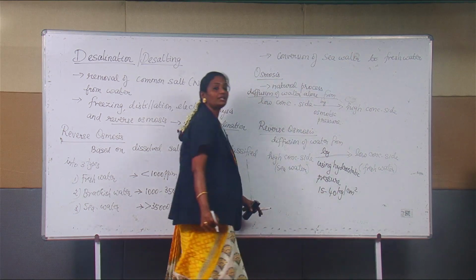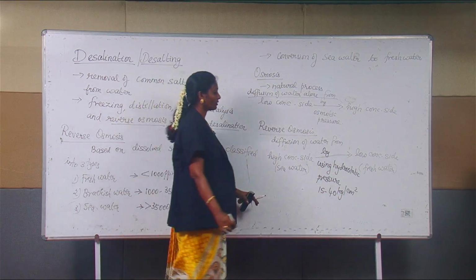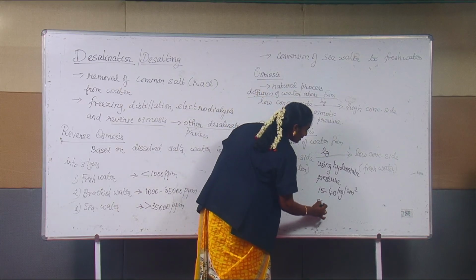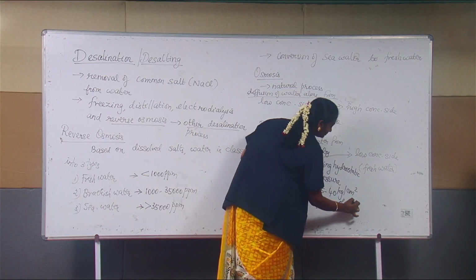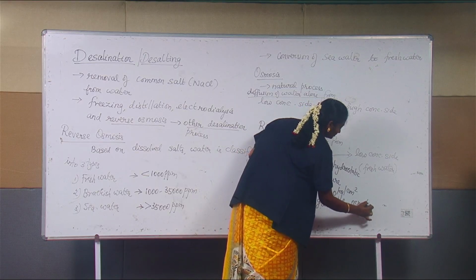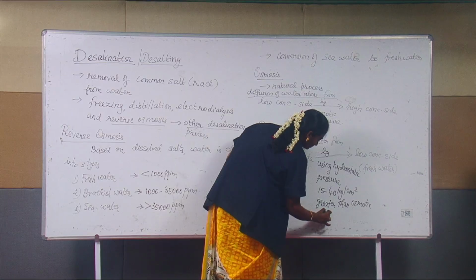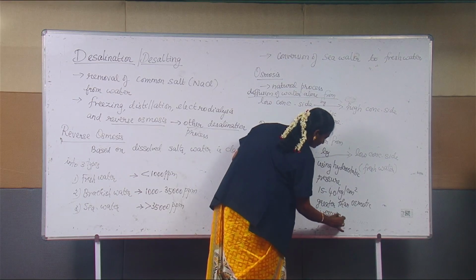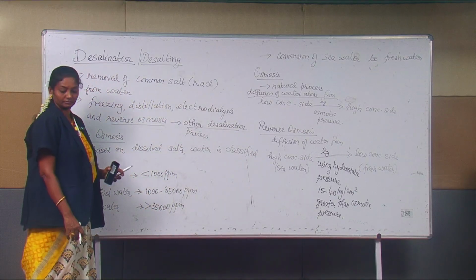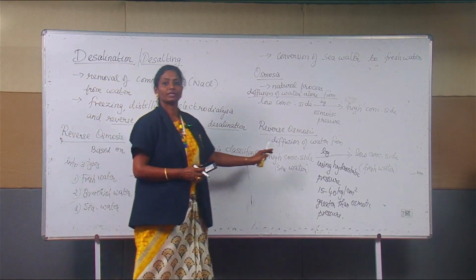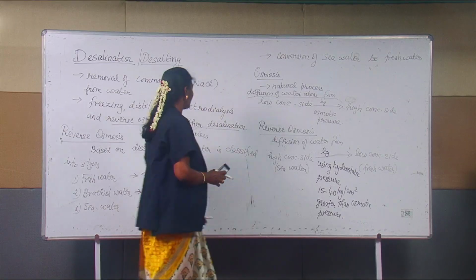It should be 15 to 40 kilogram per centimeter square, greater than the osmotic pressure. We shall see the advantages and disadvantages.